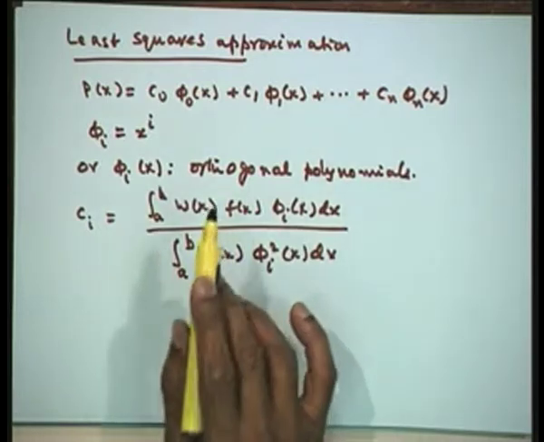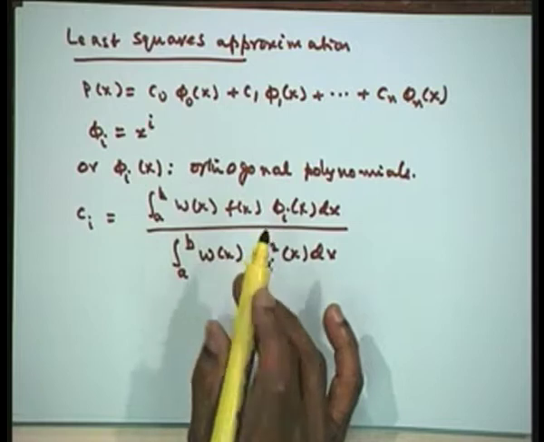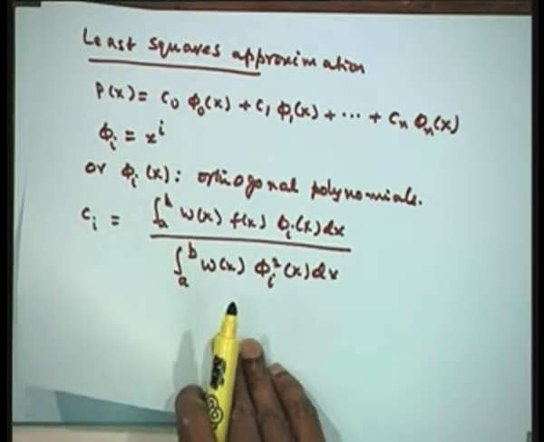Now, let us illustrate the case when the function given is a continuous function and we want to write a least square approximation for that. So, let us take it as an example.